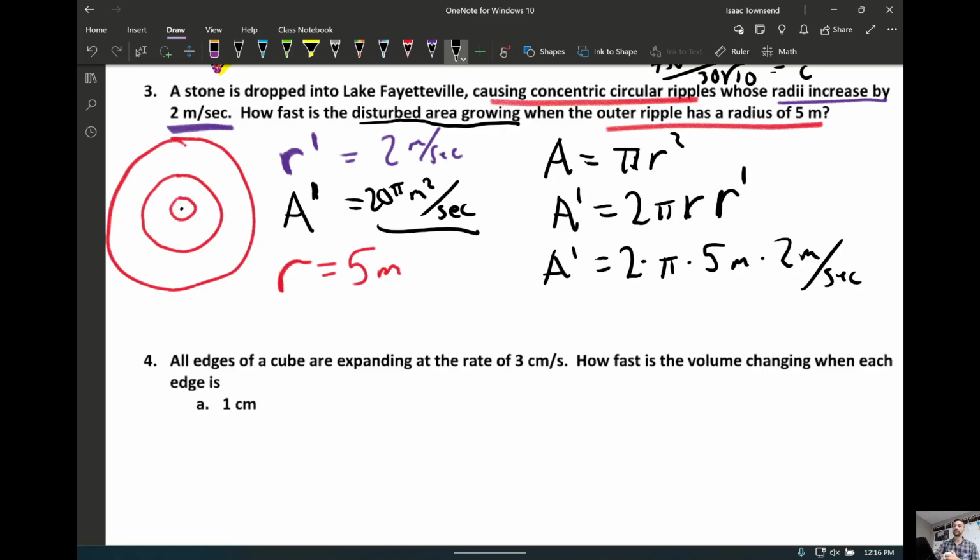Question 3 was area of a circle. Could be totally different things, but when you take the derivative of both sides with respect to time, which creates the a prime and the r prime, we were able to just plug in the stuff we had and solve for the thing we didn't have that they wanted. So that's the part that's been consistent question to question.